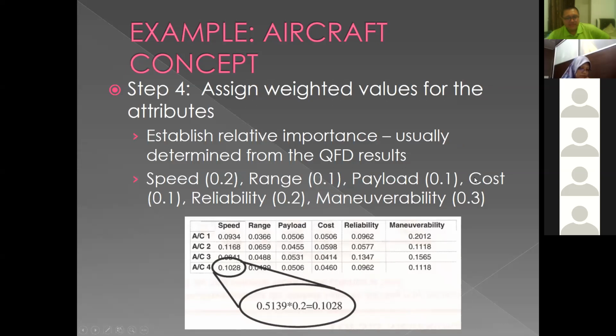Next, we want to assign a weightage value. I think this is not the first time that we talk about weightage value. The total of the weightage values must equal 1.0. For example, the weightage for speed I put as 0.2, range 0.1, payload 0.1, cost 0.1, reliability 0.2, and the last one, maneuverability, 0.3.